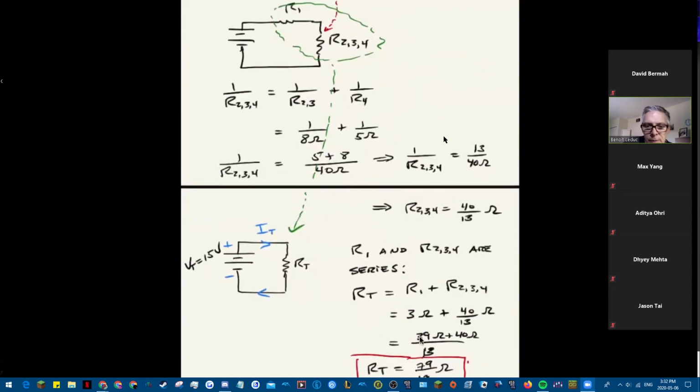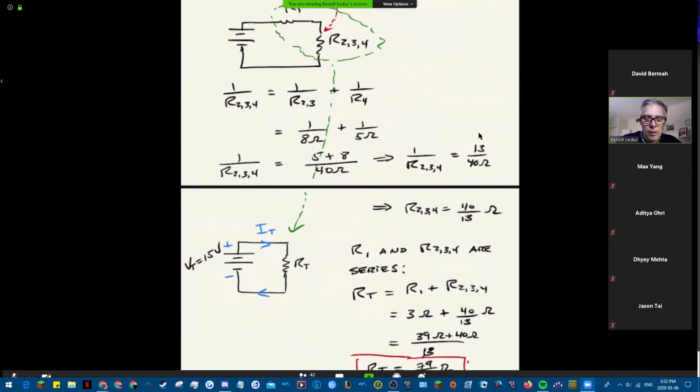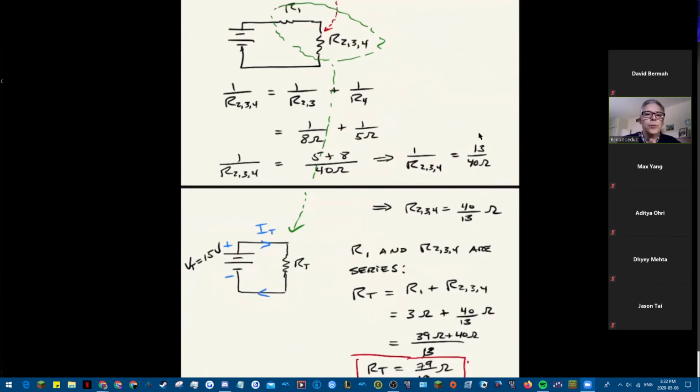So common denominator is 13, and here, voila. So this is the total resistance of the circuit. You could replace all these resistors by one big resistor of this value that will sort of do the same job as far as drawing the current is concerned.